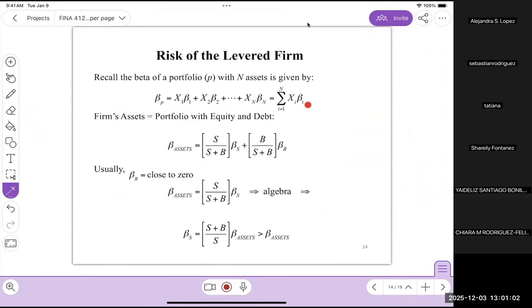This will put us back on the line, right? If there are 2 assets on the SML, you can end up with a portfolio also on the SML in between those 2 assets. And this is just to point out that the beta of equity is going to be higher than the beta of the assets overall. The debt brings down the average, because its risk is lower than equity.